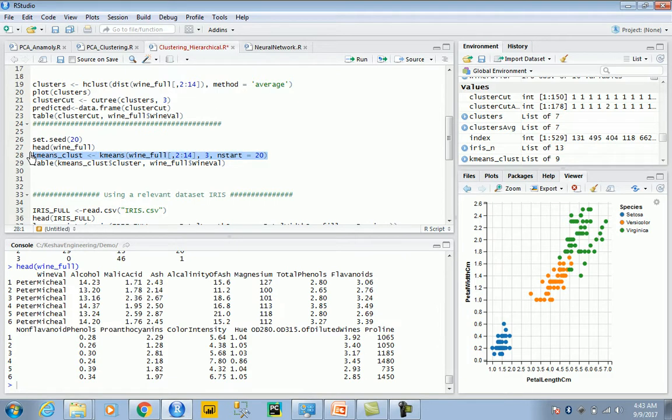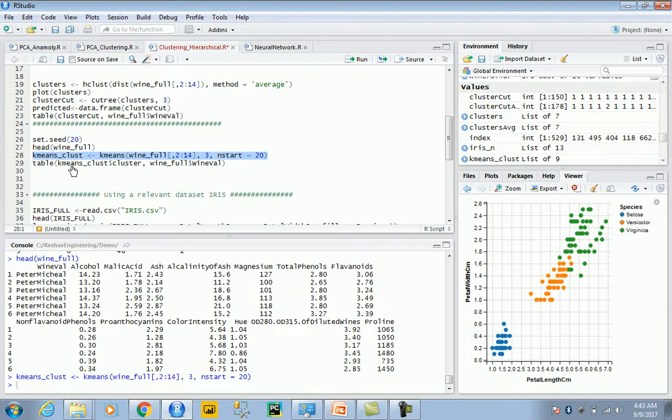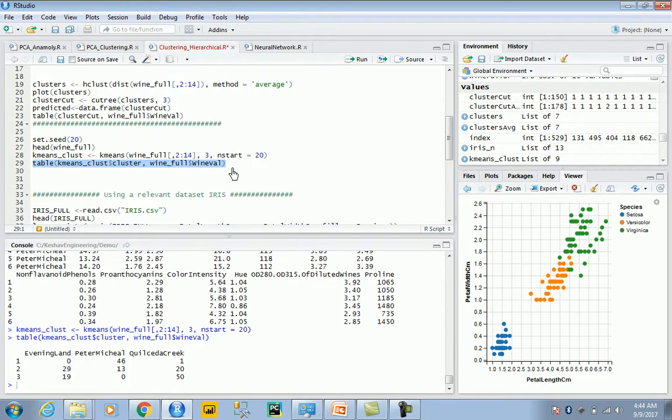Based on this we can check how efficient our clustering is. With the k-means clustering, we can compare the k-means cluster with the wine value, because we are already aware of the labeled data. Here we are just trying to understand that against the labeled data, although in a real life scenario you wouldn't be able to compare this, because you wouldn't have the labeled data set.